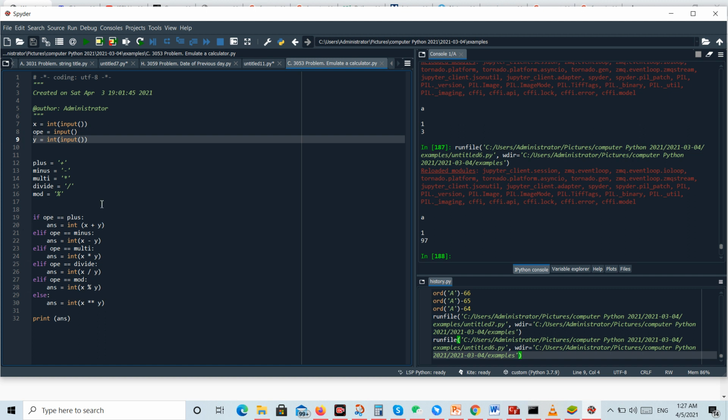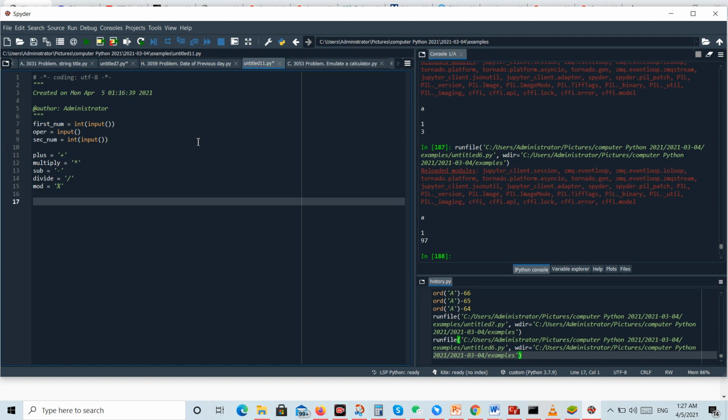So the first thing we'll be doing is we say if oper equal to plus, right?